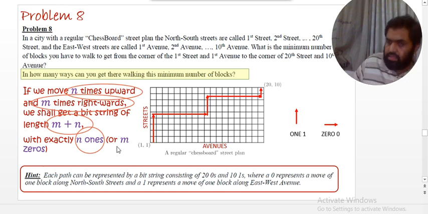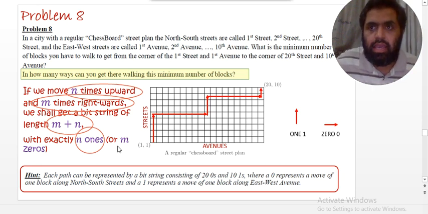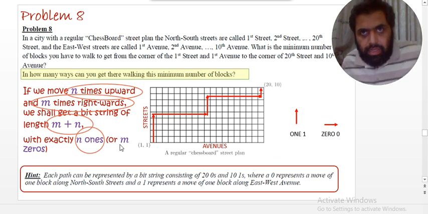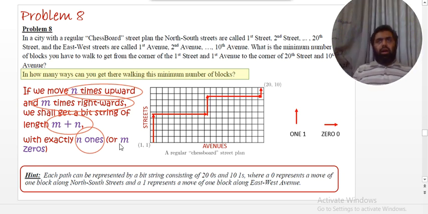So how many such binary strings are possible? N choose r. Among n possible bits, I have marked r bits as 1, so I can get n choose r such binary strings.